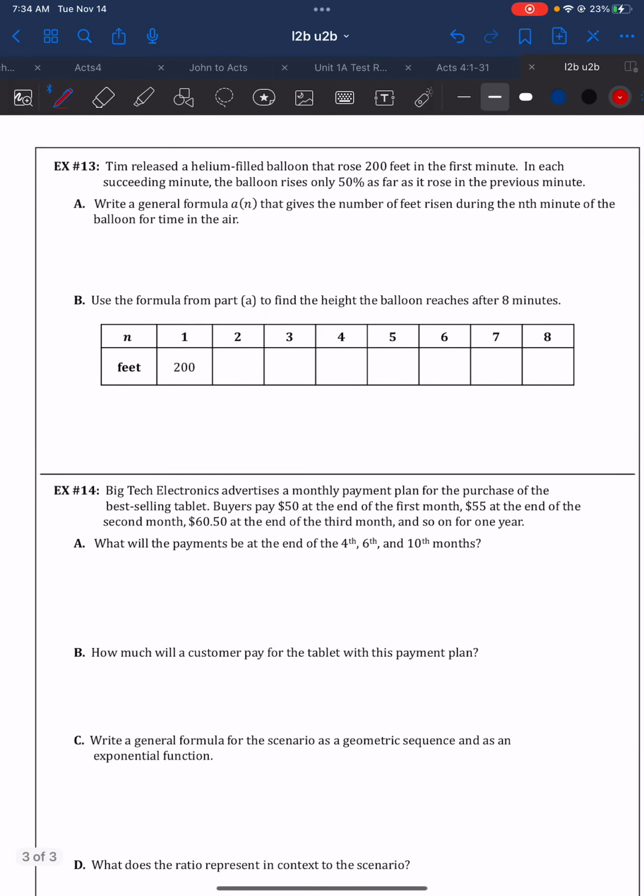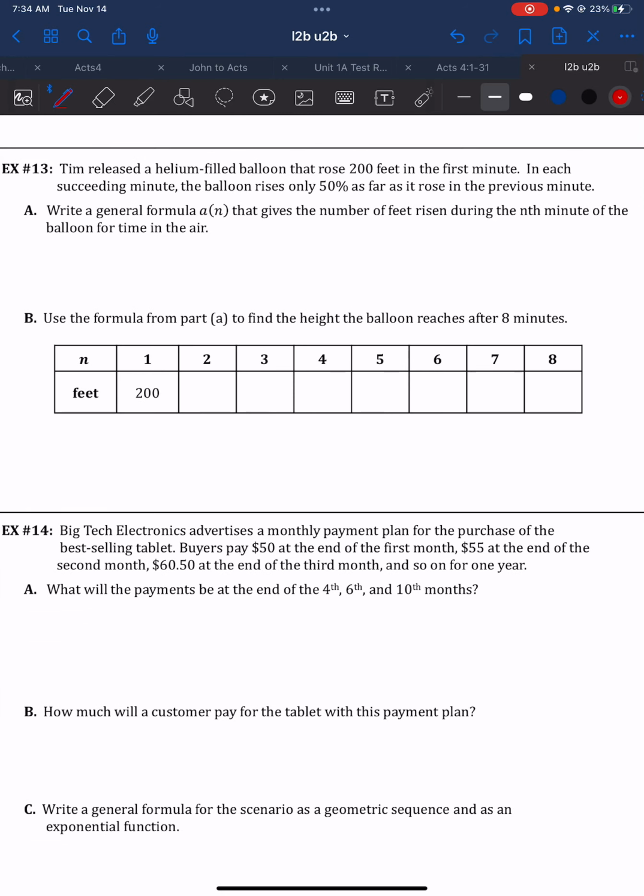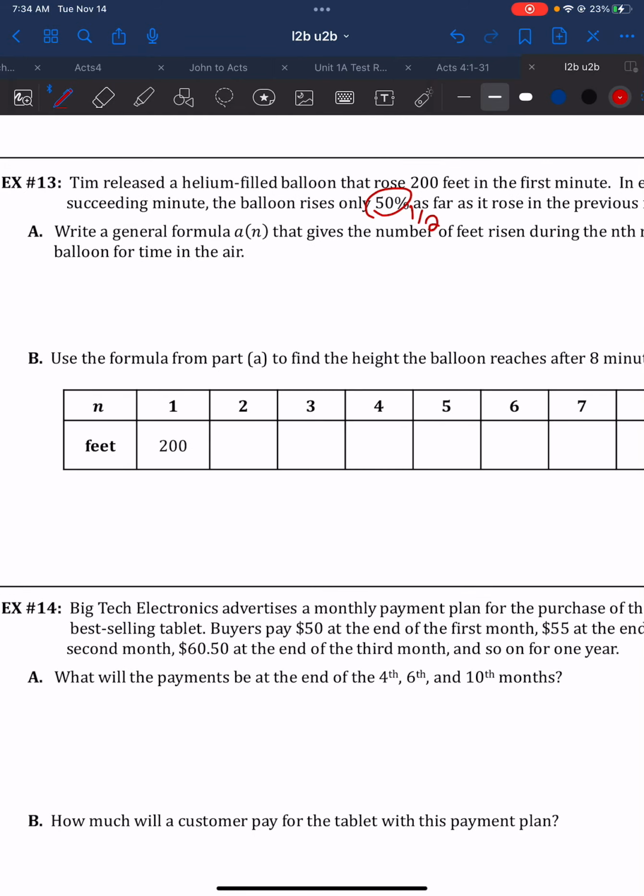Couple examples here. Tim released a helium balloon that rose 200 feet in the first minute. In each succeeding minute, the balloon only rises 50% as far, so 1/2 as far as it rose in the previous minute. And notice here, you say, well, Mr. Hampton, you said time usually starts at 0.